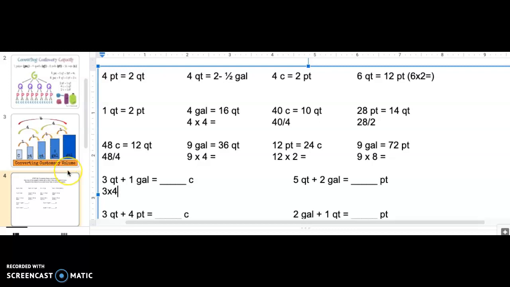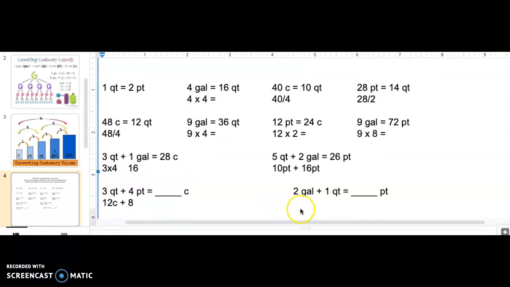And then over here, how many cups is in a gallon? 2, 4, 8, 16. Or I could just do this one big jump. 16. 1 times 16. Or you know what? Some of you may have thought, why can't I just write 16? You can. So 3 times 4, that's my 12 cups. And 12 plus 16, 28 cups.